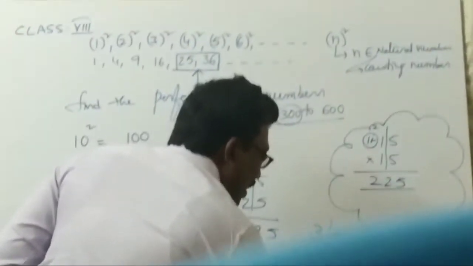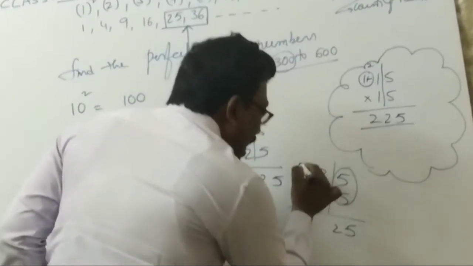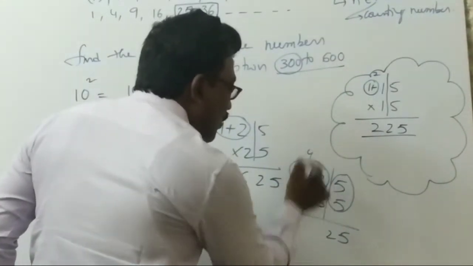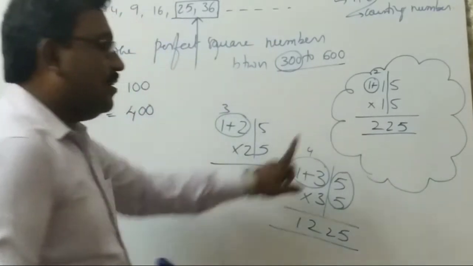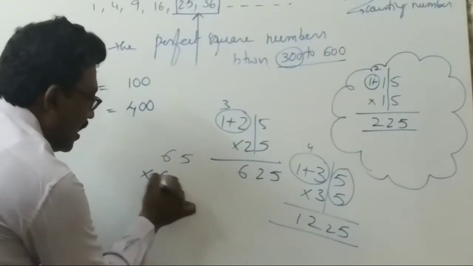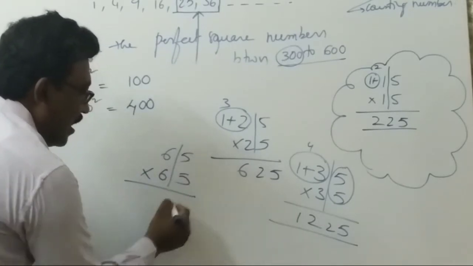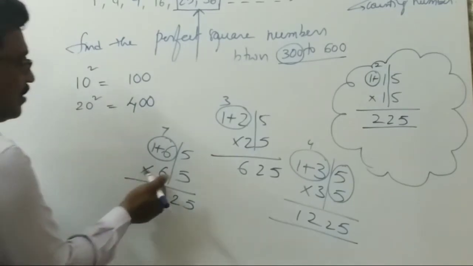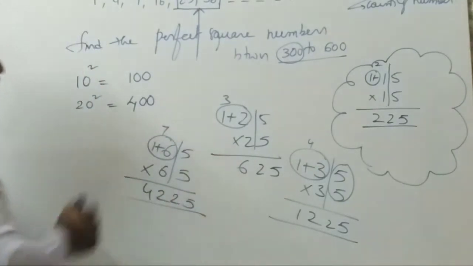35 into 35. 5 5s are 25. Add 1 to the previous number, then it becomes 4. 4 3s are 12. 35 into 35 is 1225. Suppose 65 into 65. 5 5s are 25. Add 1 to the number before, that is 7. 7 6s are 42.